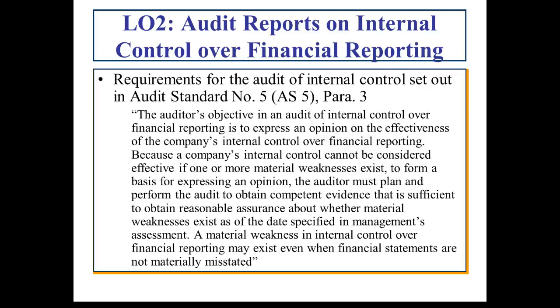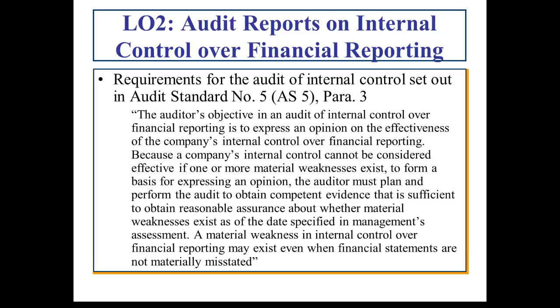Because a company's internal control cannot be considered effective if there are one or more material weaknesses, to form a basis for expressing an opinion, the auditor needs to plan and perform the audit to obtain competent evidence that's sufficient.